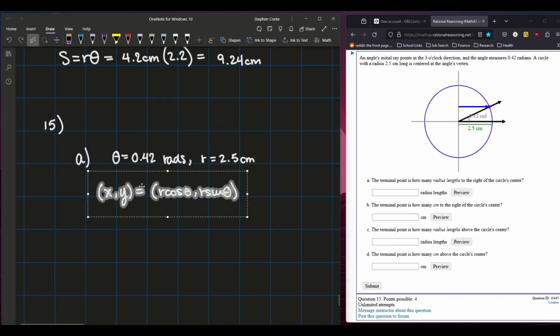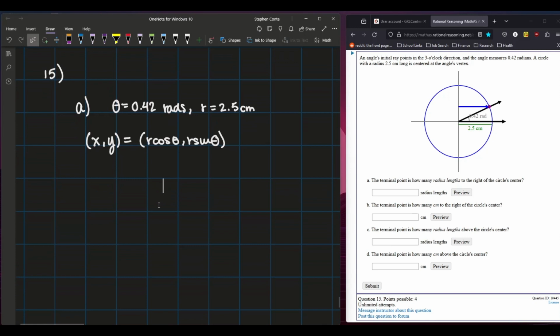So we can use this information to help solve probably all these questions, but specifically right now just for A. So first of all, we need to figure out what's the x coordinate for this terminal point, right? And to do that, I need to fill in the formula for x, which is equal to r cosine theta.